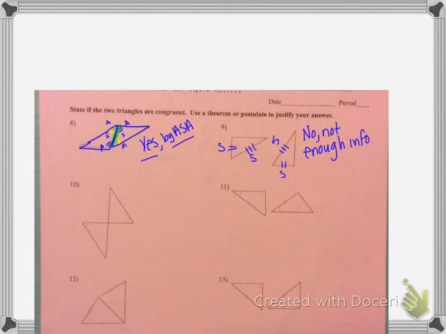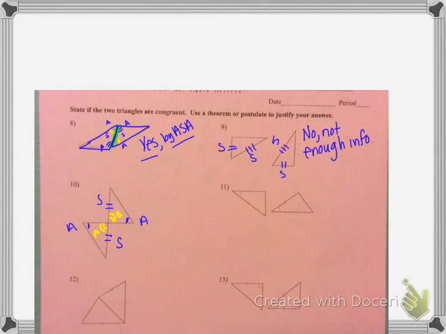Okay, let's take a look at number 10. On problem number 10, what you have is a set of sides already marked congruent. You also had a set of angles over here. One thing I do notice about this problem is we have something called vertical angles. These angles right here are the same size, these yellow ones that I'm marking.